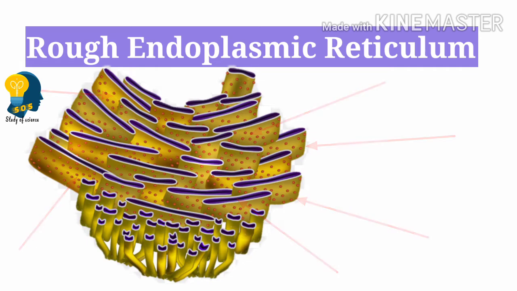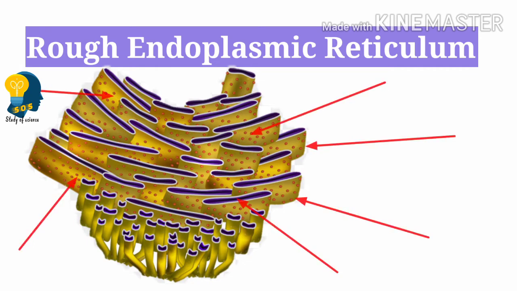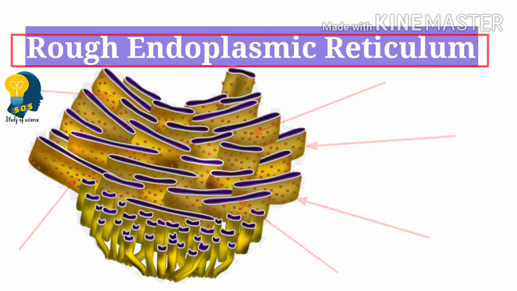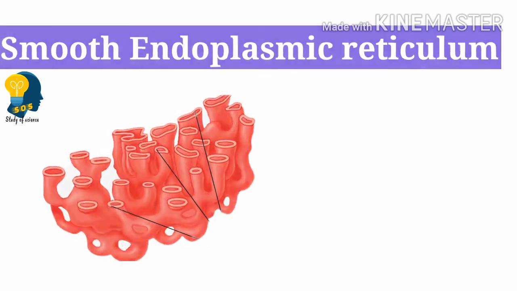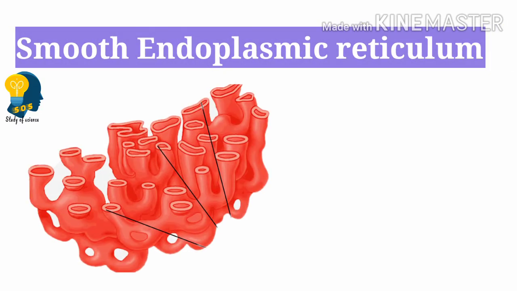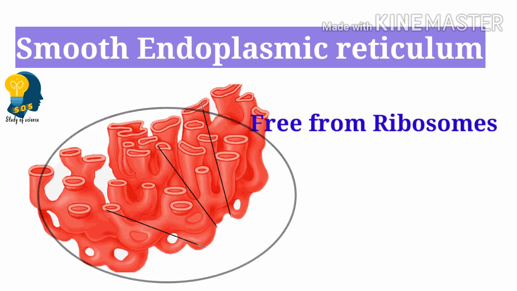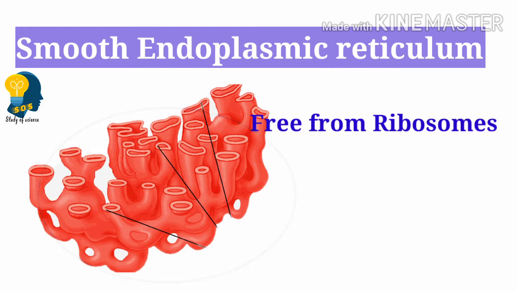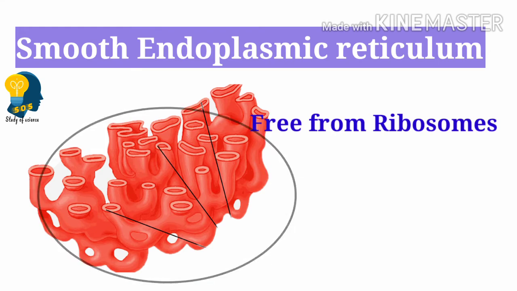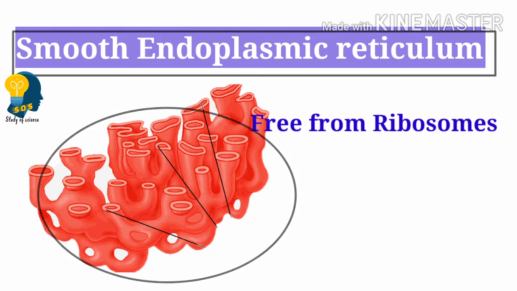If the endoplasmic reticulum is attached by ribosomes, then we call it rough endoplasmic reticulum. Then what is smooth endoplasmic reticulum, or SER? If the endoplasmic reticulum is free from ribosomes, that means it is not attached by any kind of ribosomes, then it is called smooth endoplasmic reticulum.